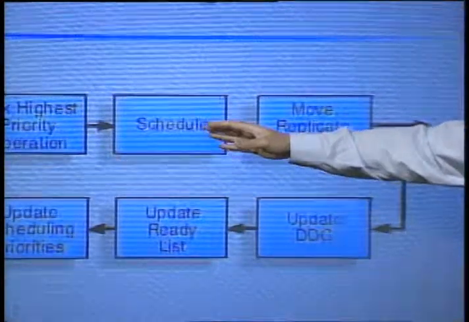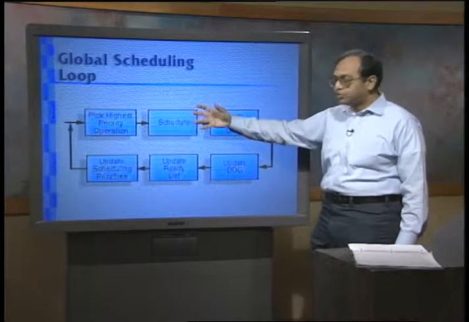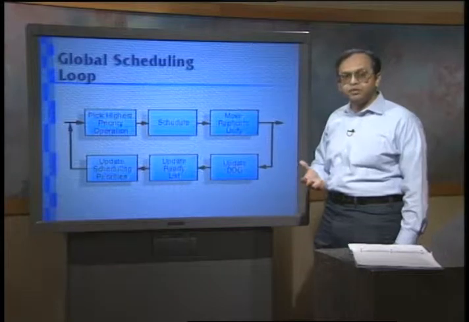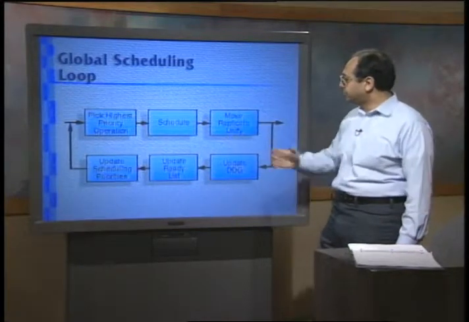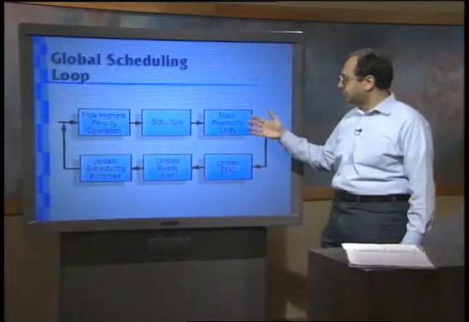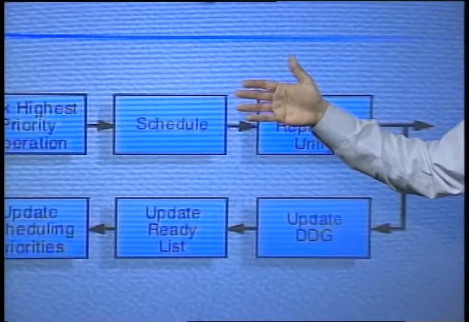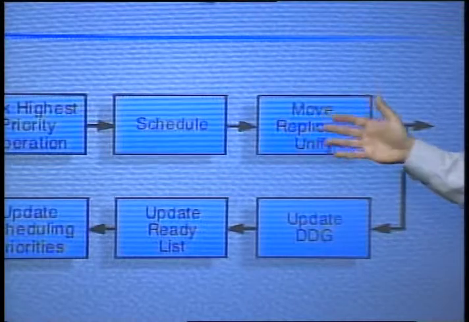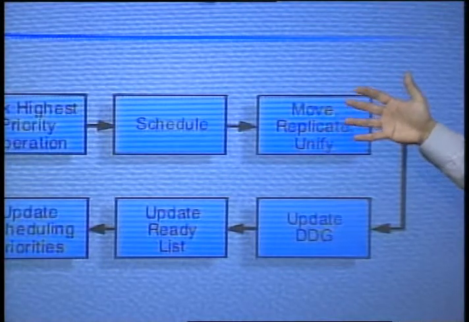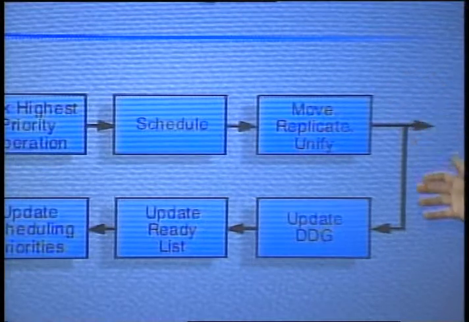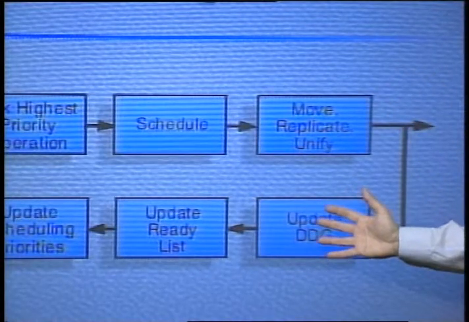Now, if scheduling ends up interchanging its order relative to a branch, then we are doing interblock code motion, and we now might need to replicate the operation, unify it, etc. So along with the act of scheduling it, we have to restructure the data dependence graph with additional operations. Then we have to update the data dependence graph.